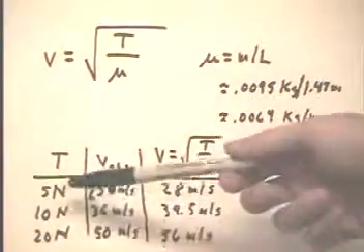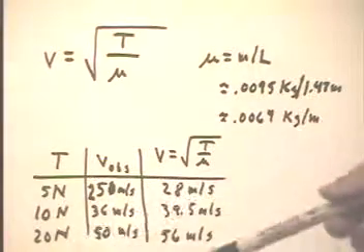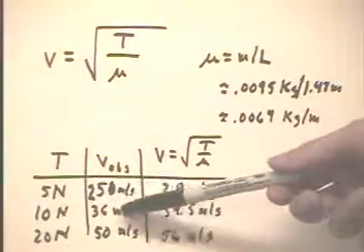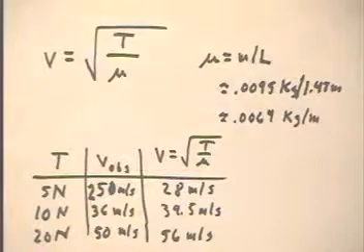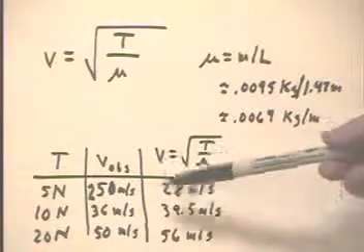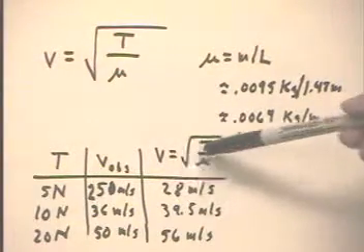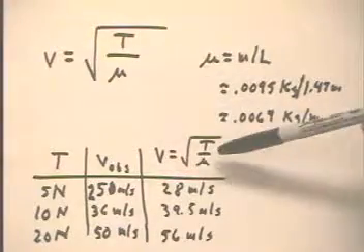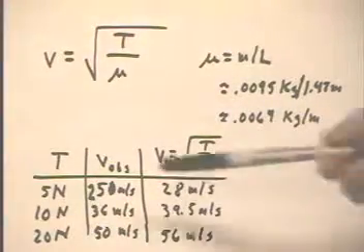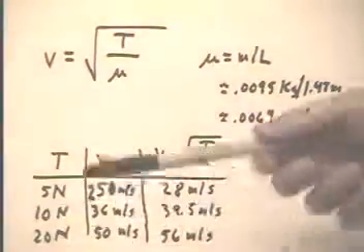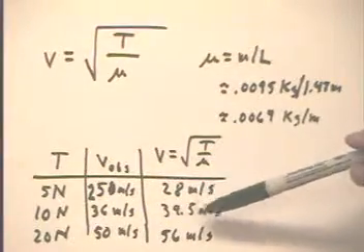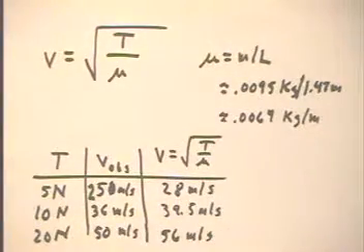So our tension was 5, 10, and 20 newtons. The observed velocities are 25, 36, and 50 meters per second. Using the square root of T over mu for the approximate tensions that we observed, the velocities should have been 28, 39.5, and 56 meters per second.